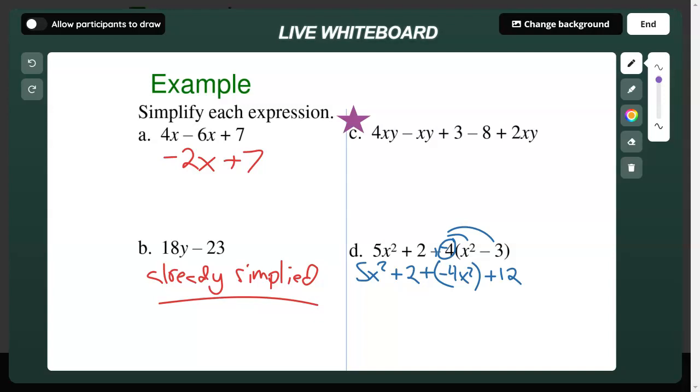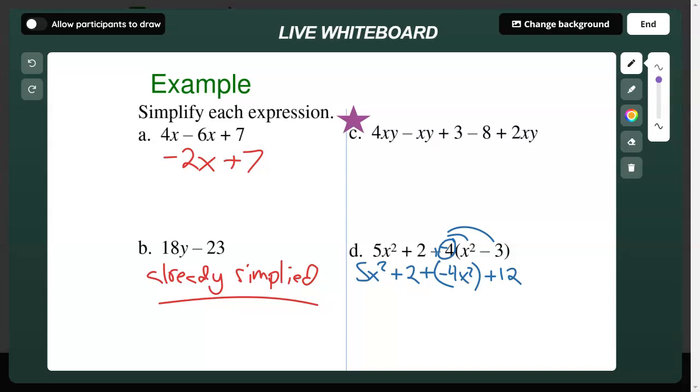Now what's another property I can use to simplify this? I don't have an operation in parentheses. The parentheses is only there to say, hey, this is a negative. To combine like terms, what property is going to let me move things so I can combine like terms? Addition. Commutative.